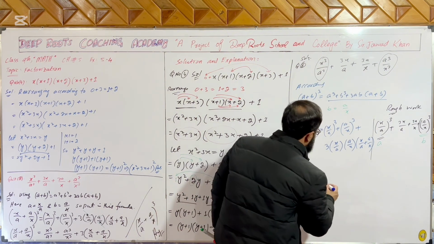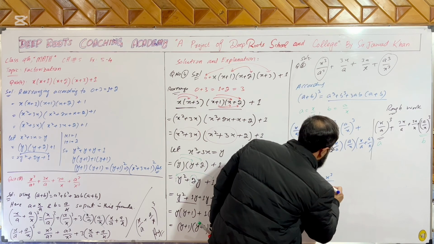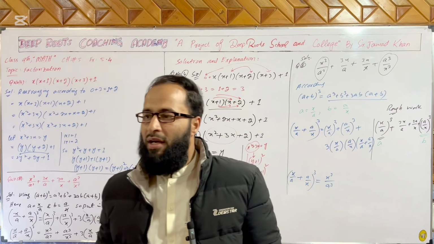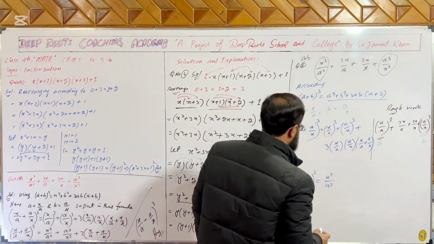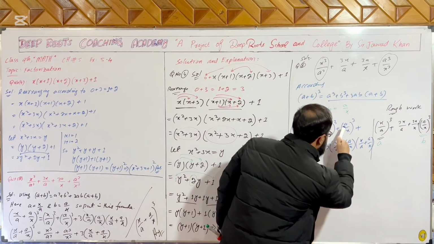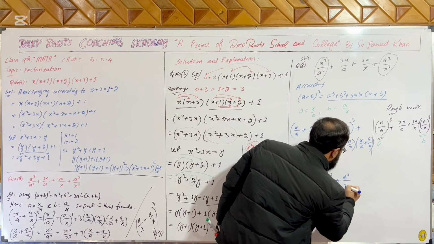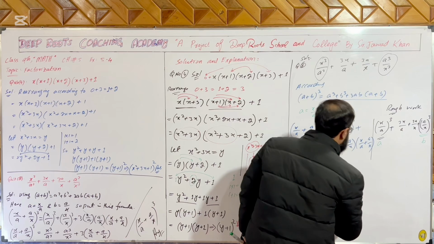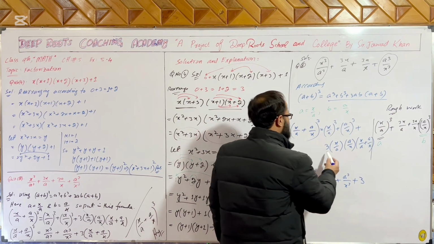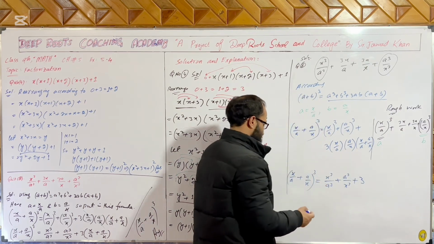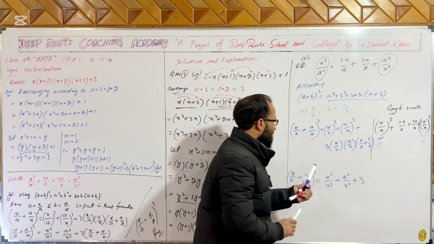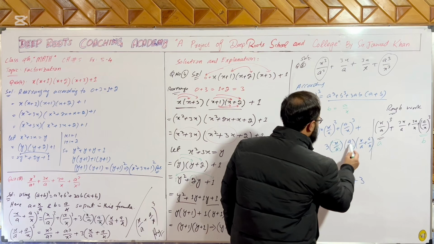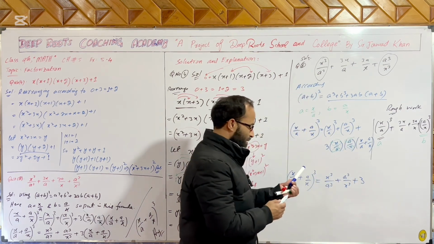The cube is a whole cube, so I can put it separately on the numerator as well as on the denominator, and this will become x cube by a cube plus a cube by x cube plus, now here the 3 is multiplied with this, but x can be cancelled with x and a will be cancelled with a, so nothing will remain.